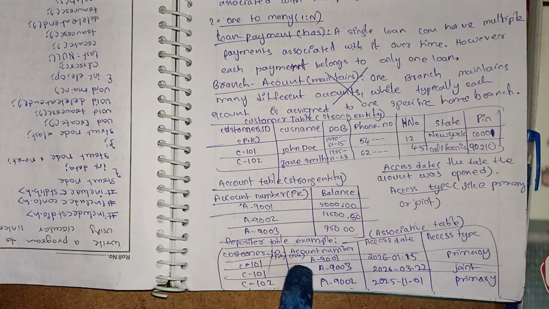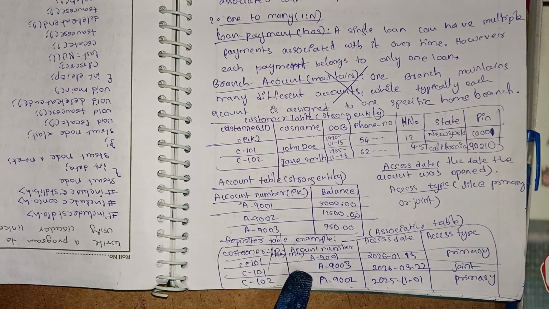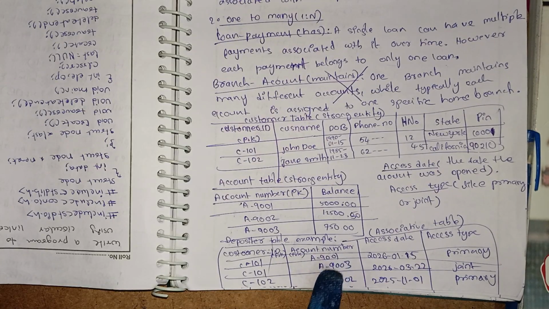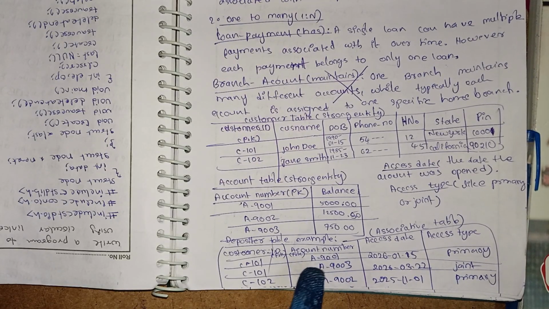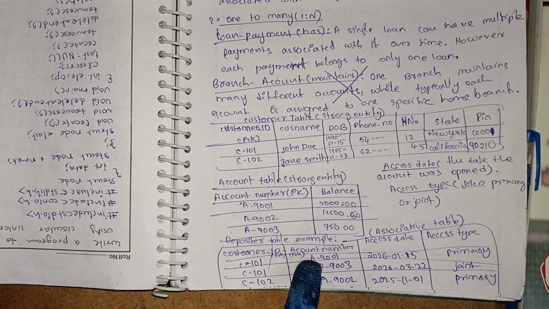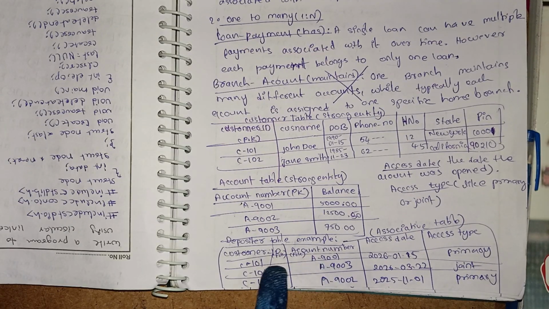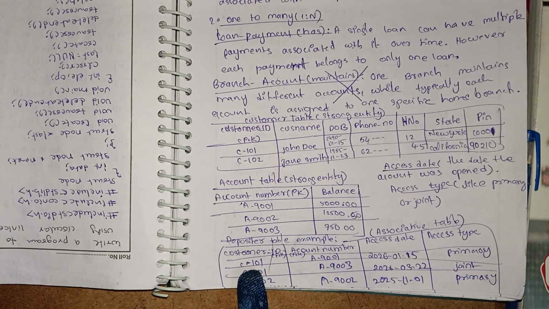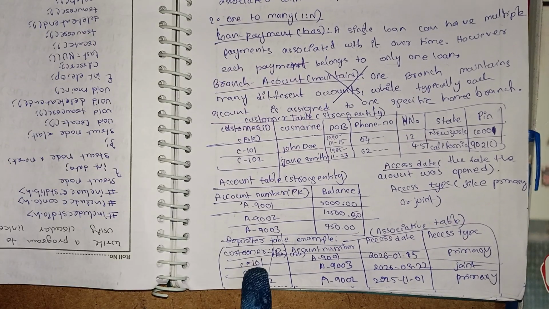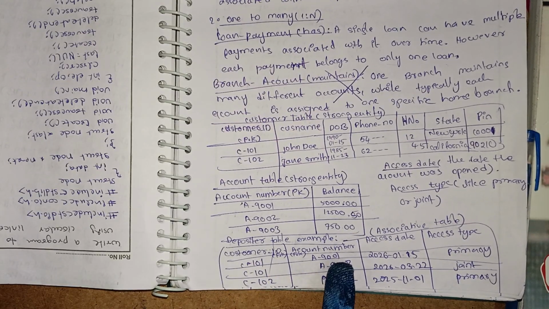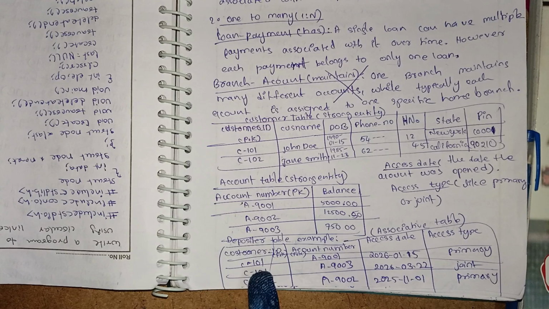So the property is partial key. If we consider account number as a partial key, then each partial key value should have a unique primary key value, that is customer ID value. So A9001 has C101, that is unique.